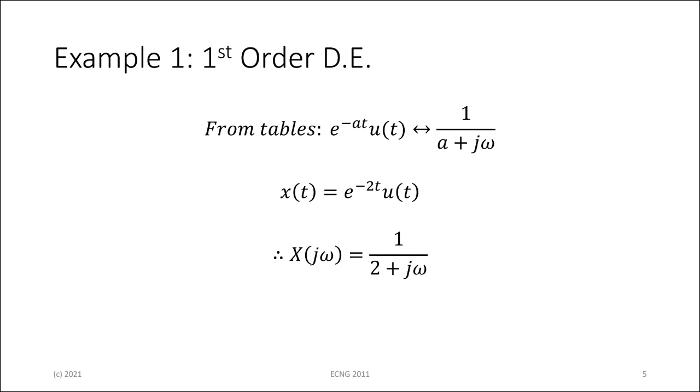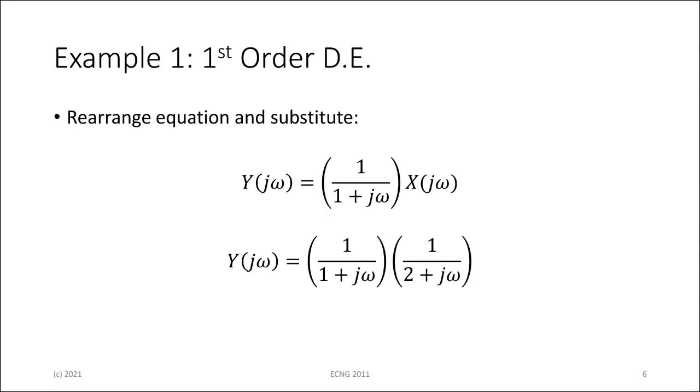So in most cases, we will give you a table of transforms anyway. So you make the substitution here. So X of j omega is this now, and then you put it all together, and this is what Y of j omega is. And how you solve it is the same process as before.